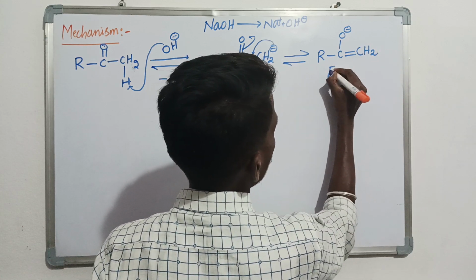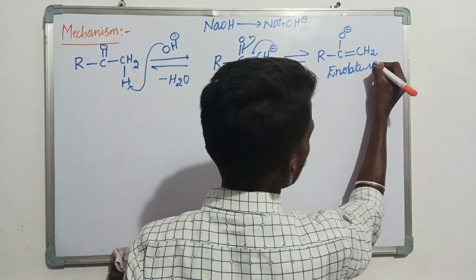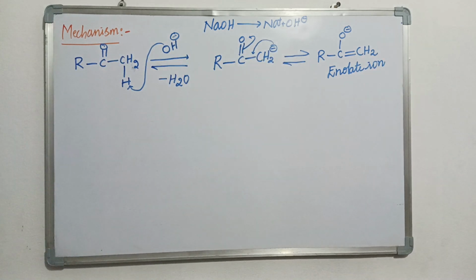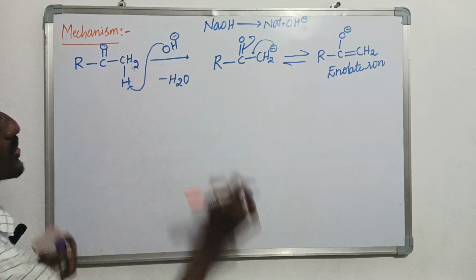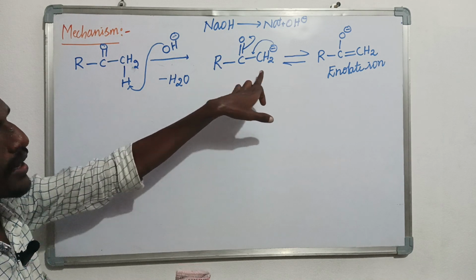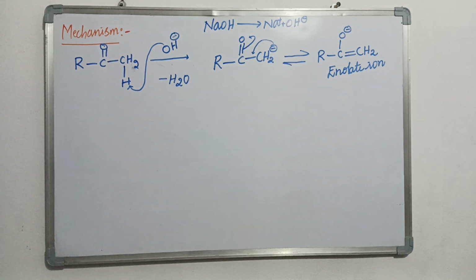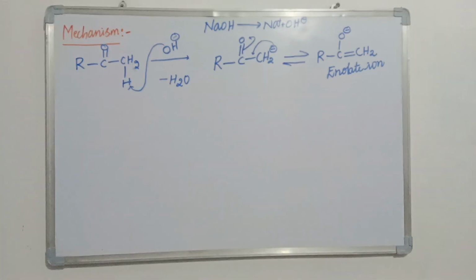This is called an enolate ion. These are interconvertible to each other, and this carbanion is called an enolate ion.